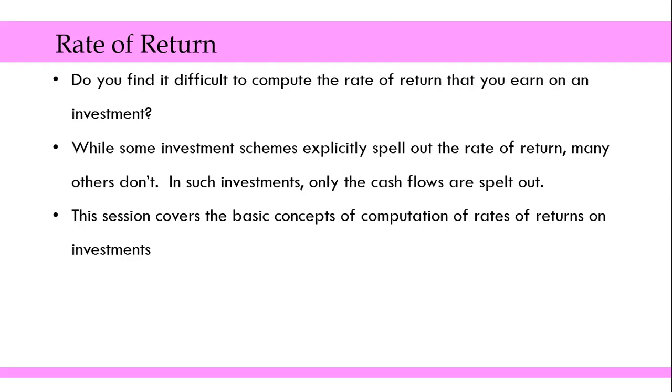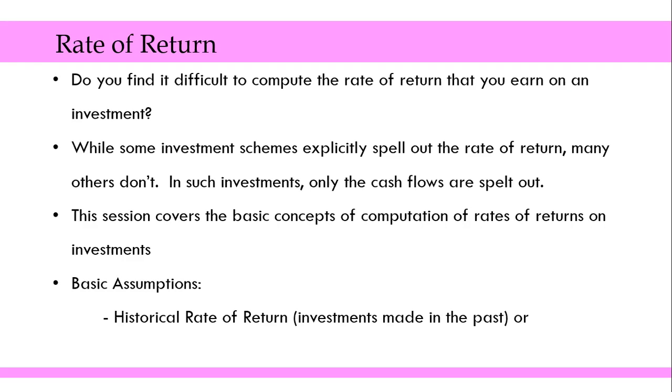But before we proceed, let me make it very clear that we are going to talk about two types of investments: the investments which are historical in nature, or the investments which are already over, or investments in future with known certain cash flows.